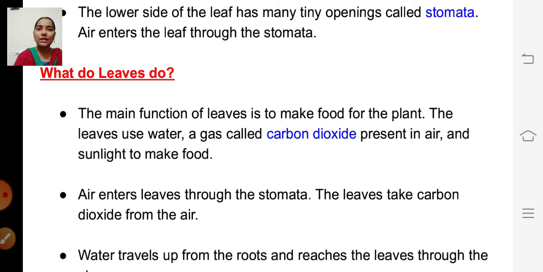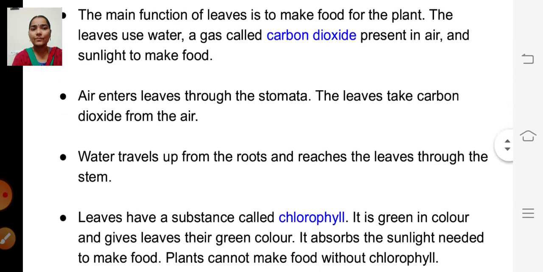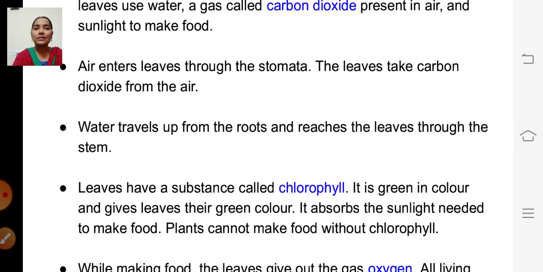The leaves take carbon dioxide from the air. Water travels up from the roots and reaches the leaves through the stem. Leaves have a substance called chlorophyll. It is green in color and gives leaves their green color.